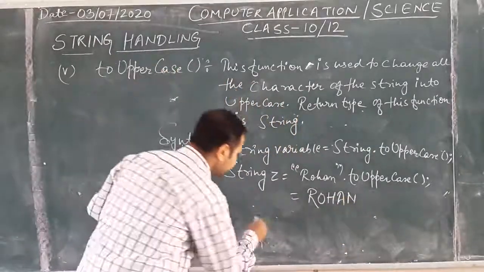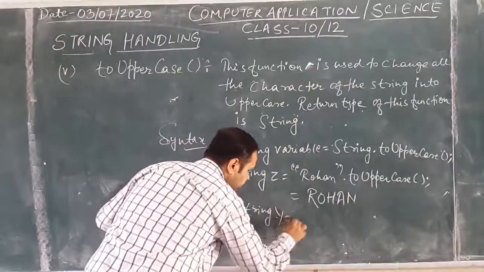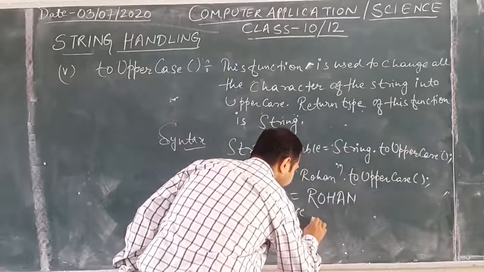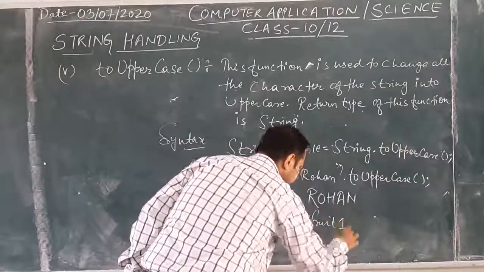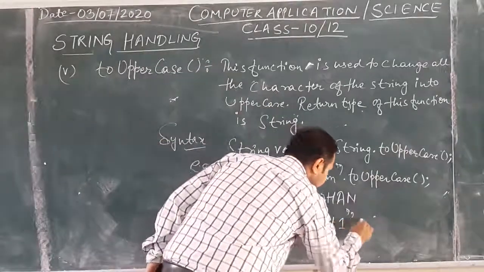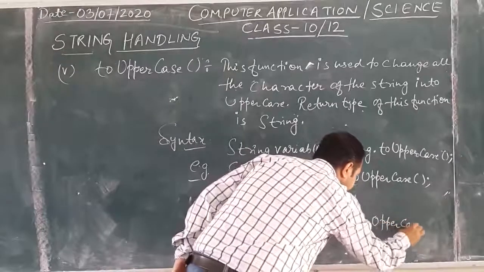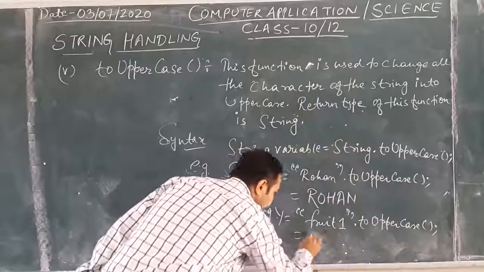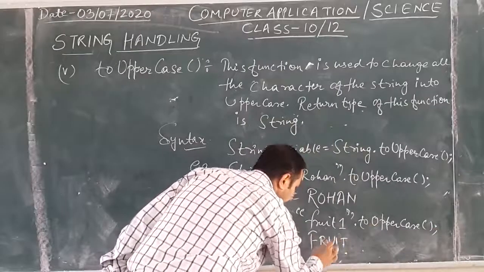Similarly, suppose I take another example, string y equals to fruit1 dot toUpperCase. So it will change the characters of fruit into capital.